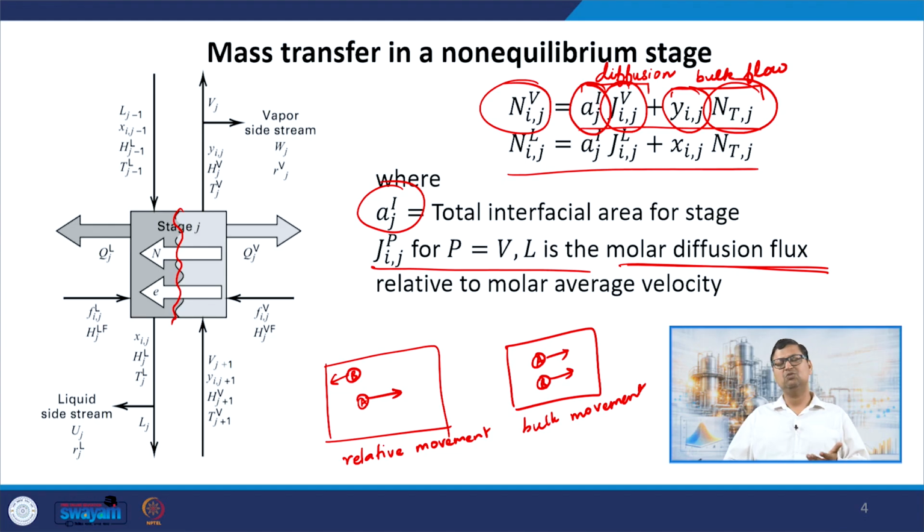Since we are working in moles here, we will define it relative to the molar average velocity. It is always relative, diffusion is always relative. So, there has to be a reference to this. So, we can take a reference as the mass average velocity or the molar average velocity. We are taking the reference as the molar average velocity.